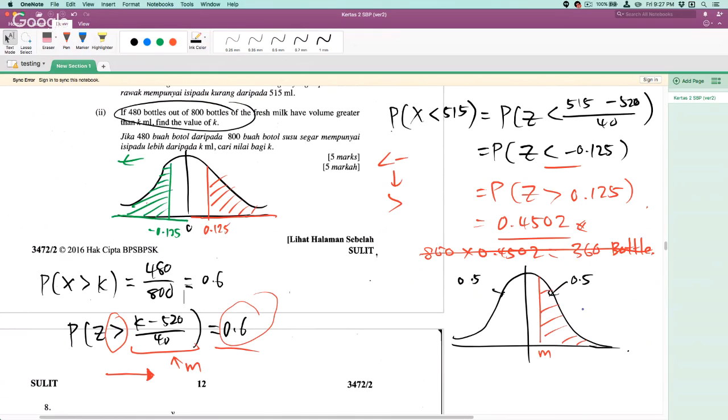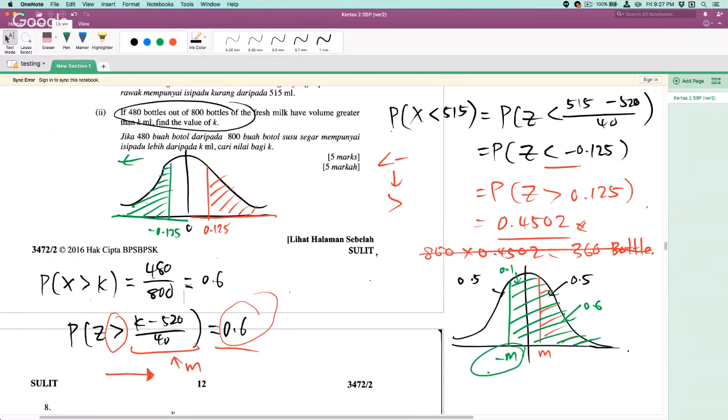So my M must be in the negative zone. This is negative M. From here to here in total, it is possible to get 0.6, because the half here is 0.5 and maybe the area here is 0.1. That means 0.1 plus 0.5, you get 0.6. So this one is the correct one.